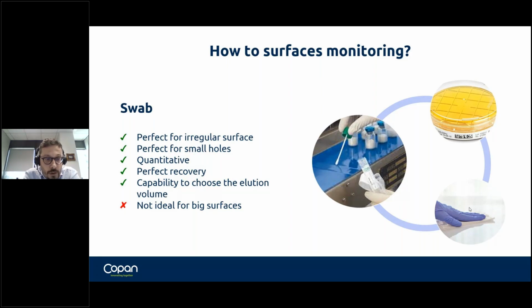They normally show a perfect recovery, and you can choose to elute the swab in some kind of medium, and choose the volume of this medium. This gives you the possibility to be extremely flexible in the analytical process that you want to do. Last but not least, they are normally designed for microbiological collection, but not only, because from a swab you can collect virtually any kind of contaminant that you want to monitor.